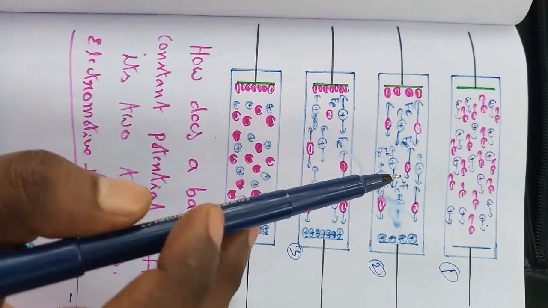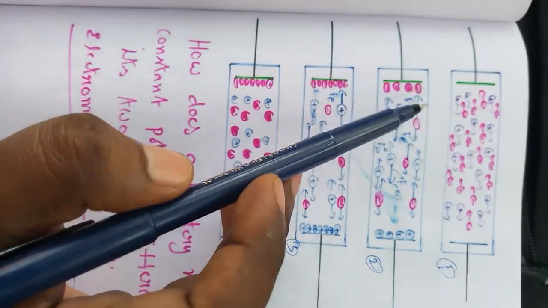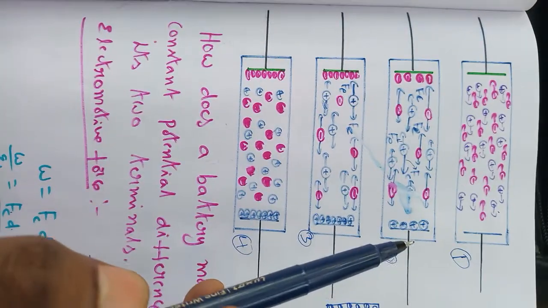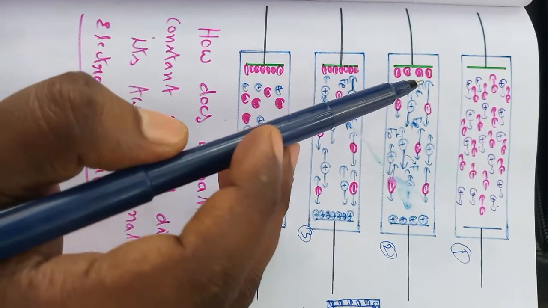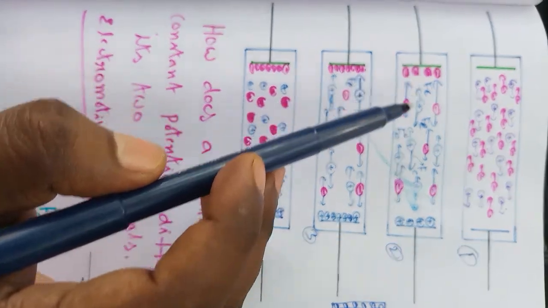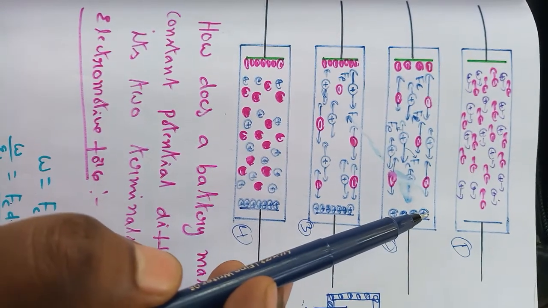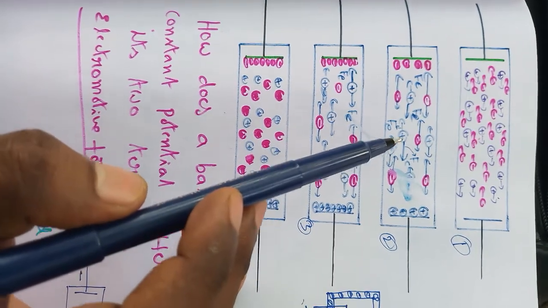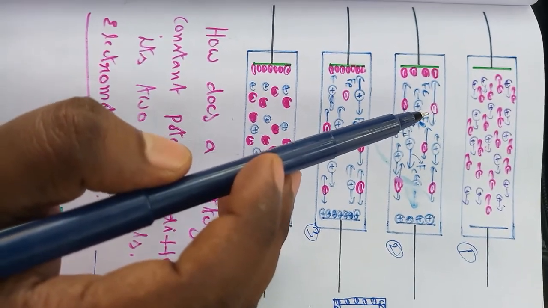In diagram 2, some ions have accumulated on the plates: on one plate some negative ions, on the other plate some positive ions. In this diagram we can observe two forces acting on ions.